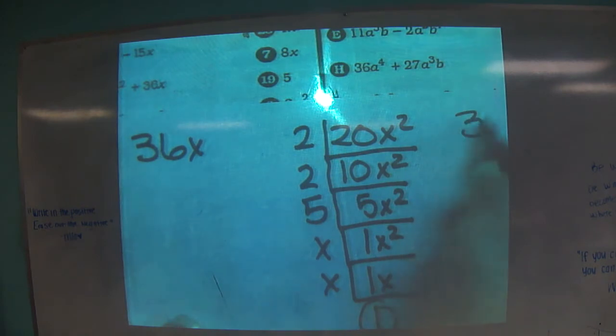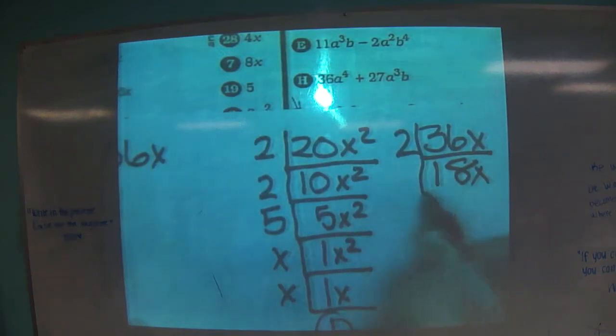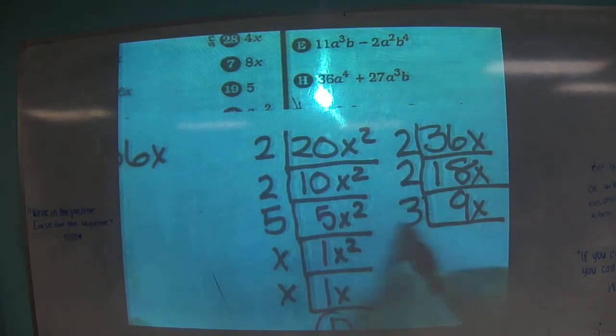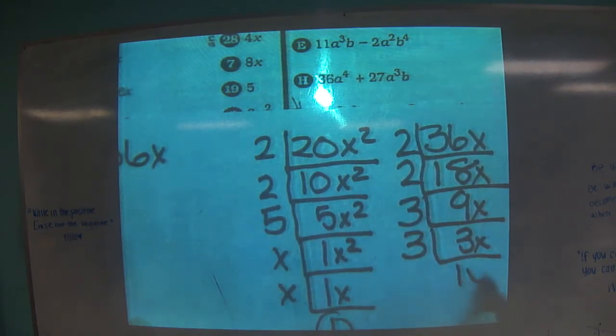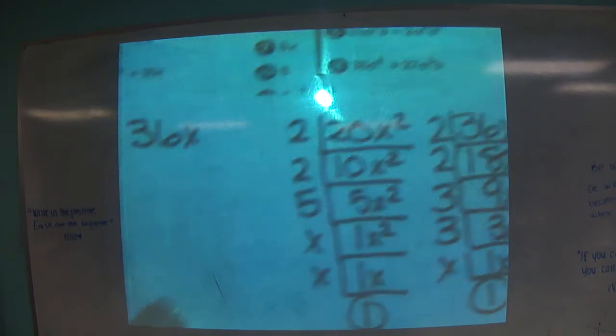36x, it's also even, so I have 18x, even, 9x, 3, 3x, 3, 1x, and just 1x there, and so I'm left with 1. Both of those numbers are fully factored.